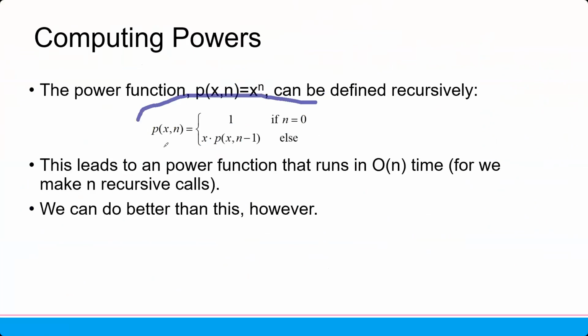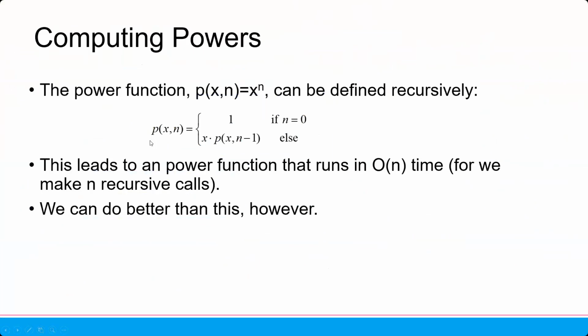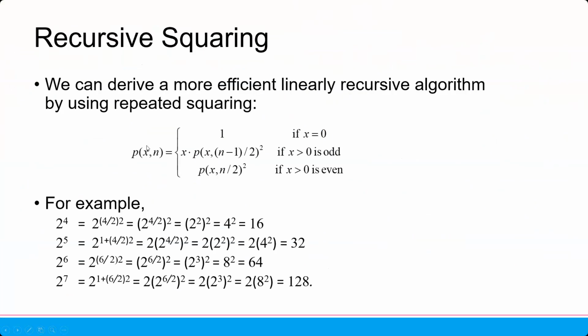If we use this function, it leads to a power function that runs in O(n) time. We will do it n times because we make the recursive call. So can we do better than this?